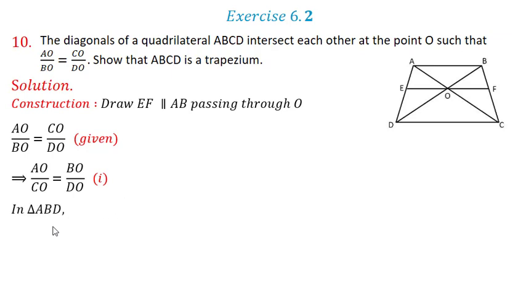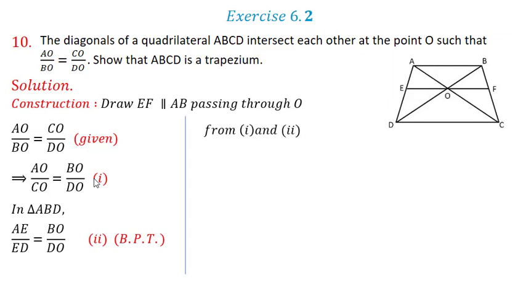Okay, now take triangle ABD. In triangle ABD, AE upon ED equals BO upon DO. This is the basic proportionality theorem, as EO is parallel to AB.